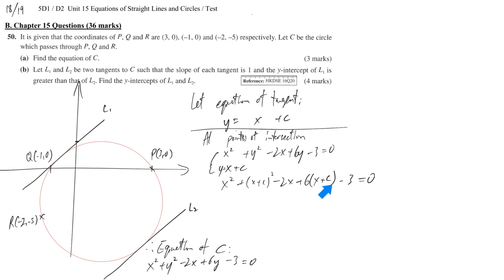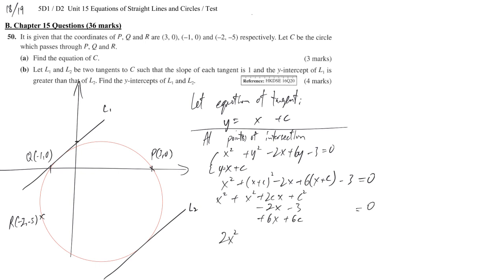It is a quadratic equation as x is the only variable. So we find it by expansion. Minus 2x, and then we have plus 6x plus 6c and minus 3 here. So 2x squared plus (2c plus 4) times x, and so on.